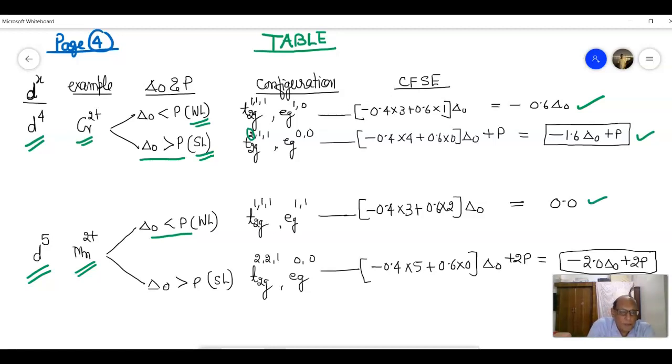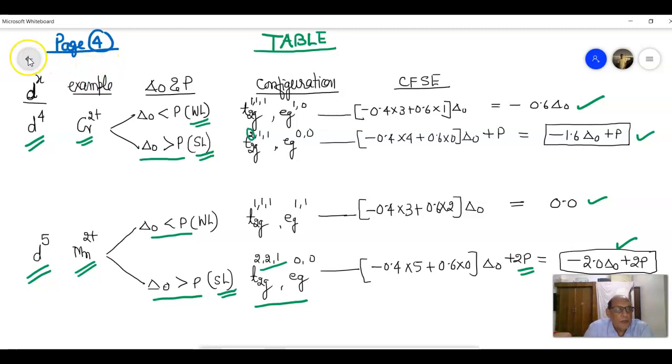On the other hand, if delta O is more than P, ligands are strong like cyanide or carbon monoxide, then the configuration shall be t2g2,2,1 eg0,0. All the 5 electrons will occupy t2g level, and hence CFSE will be minus 0.4 into 5 plus 0.6 into 0 times delta O, and this is minus 2.0 delta O plus 2P.